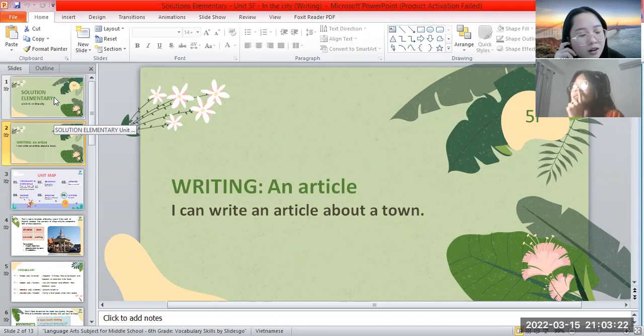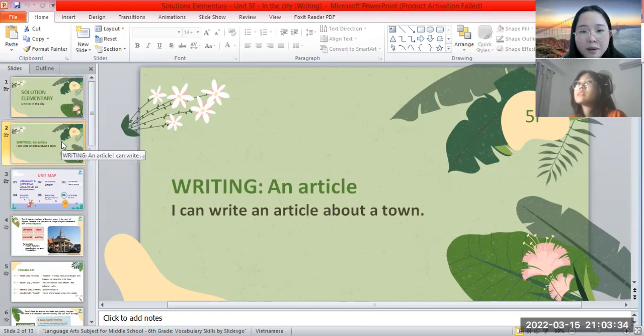All of the knowledge in the test is from unit 4 and unit 5. So just prepare and read through again, and try to remember all the structures and the vocabulary that we learned in the last 2 lessons to do the test very well.